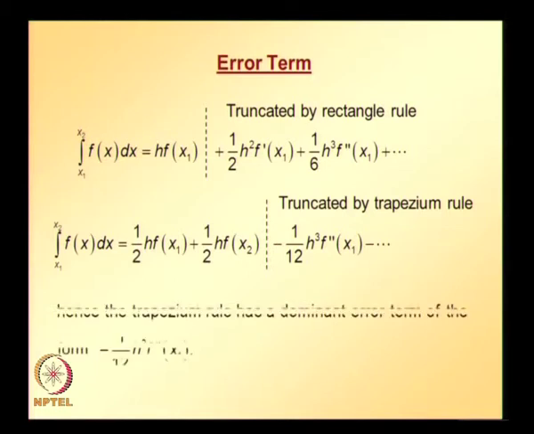So the trapezium rule has a dominant error term, the highest term that we did not consider in the trapezium rule, that is minus 1 over 12 h cube times second derivative of the function evaluated at x1. So this is the dominant error term associated with the trapezium rule.